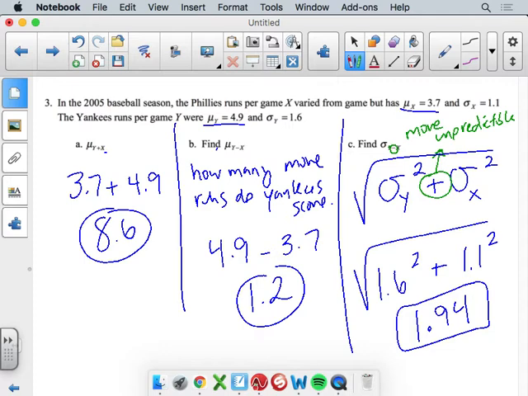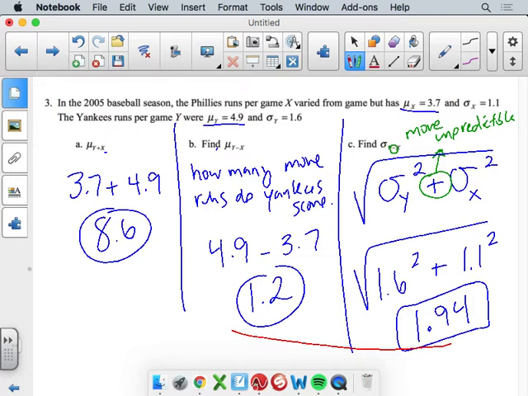And so what this means is, if we look at these two together, I expect the Yankees to have an average of like 1.2 more runs, but plus or minus 1.94 is typical. So obviously there's some wiggle room for the Phillies to win a game, if I was to put that into context.